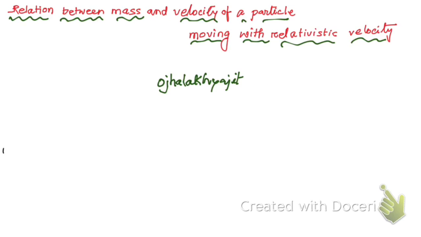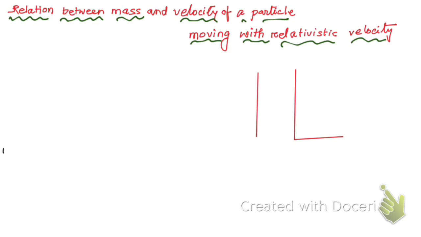So now let's start. Suppose we have two coordinate systems, or you can say two frames of reference. One is the S frame and another is the S dash frame.